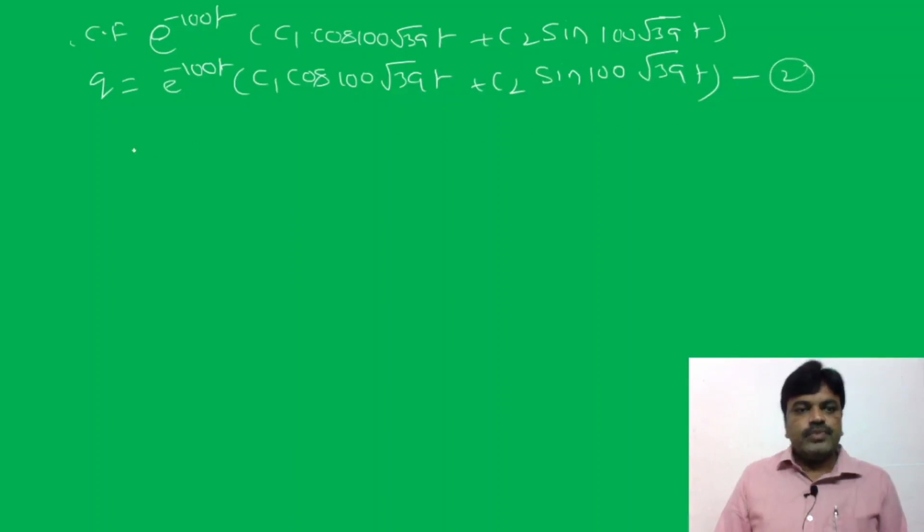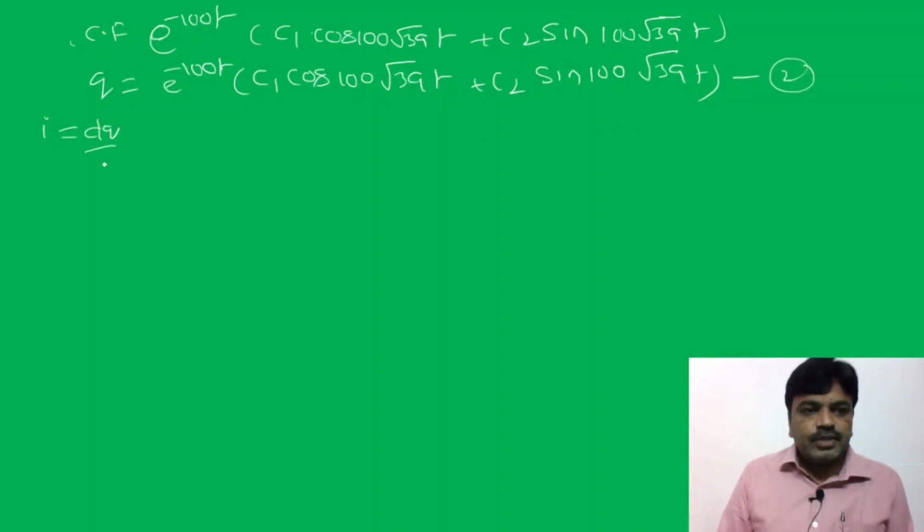Now I want to find the i value, friends. Here i is equal to dq by dt. Here are t terms, here also t terms, so apply the uv rule. So e power minus 100t into the derivative of this one, friends.